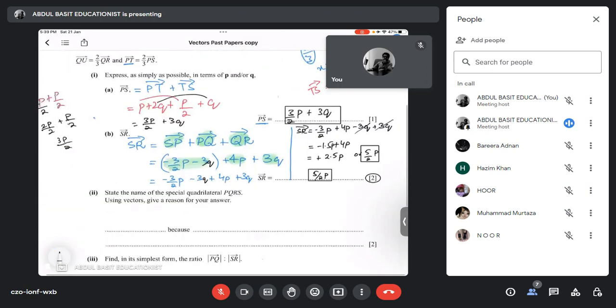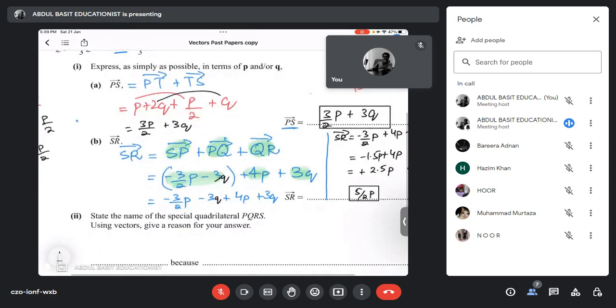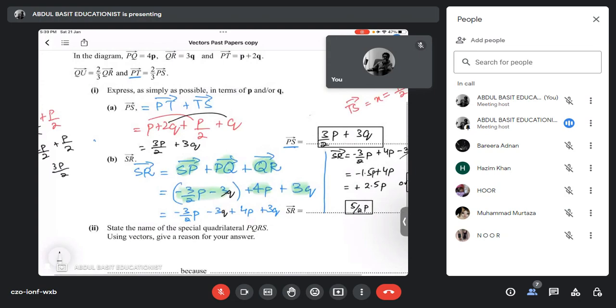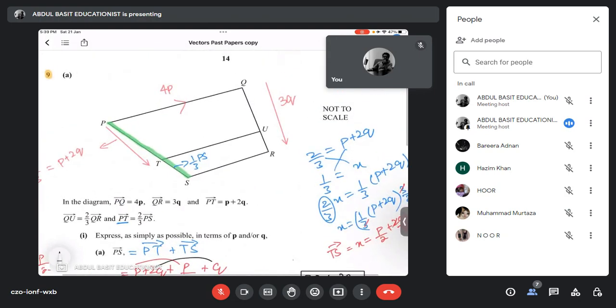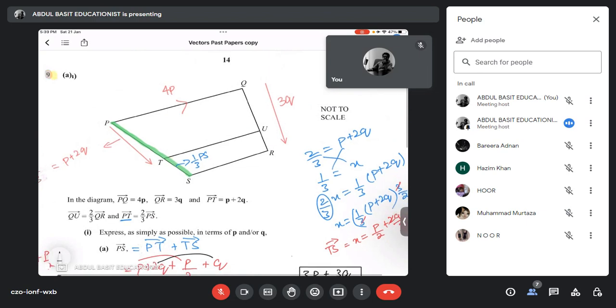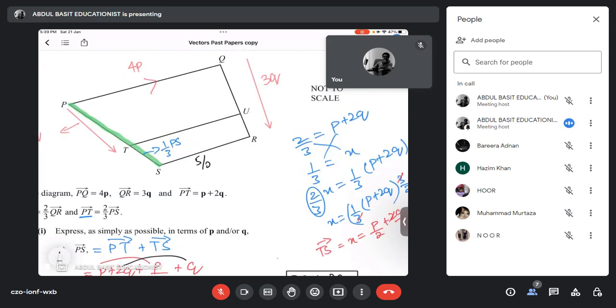Now they say: state the name of the quadrilateral PQRS using vectors and give a reason for your answer. What should your answer be? We have to name this quadrilateral PQRS. We know that SR is 5/2 of p.